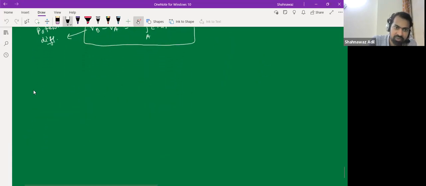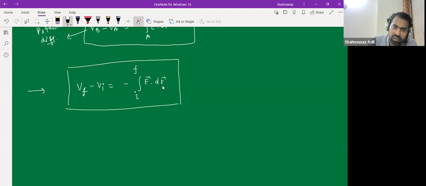Okay, so now potential difference is what? Let me write it this way: V final minus V initial would be minus the integral from initial to final of E dot dr. We can write this as E dot dl.